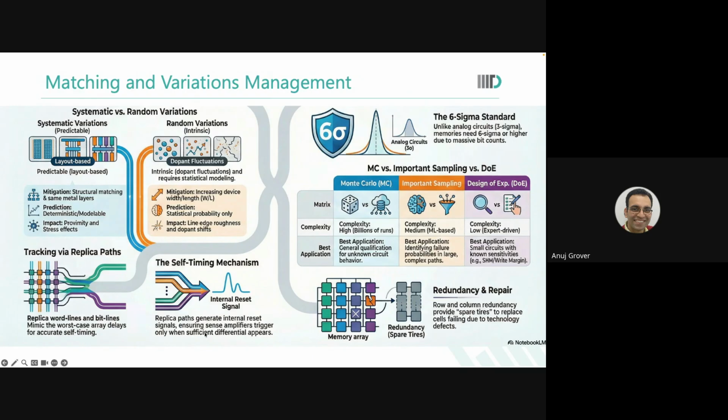Now, does that mean that process engineers don't need to qualify Six Sigma? Absolutely not. Process engineers need to qualify beyond Six Sigma just to ensure that memories are functioning. You realize this? They have to go much beyond. But in terms of whether my wafer should go forward or not, just check where it is going. And for that, Six Sigma is there.